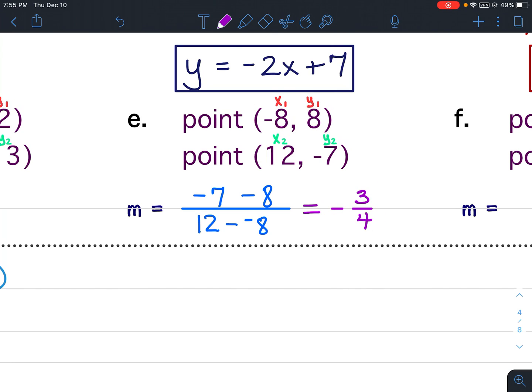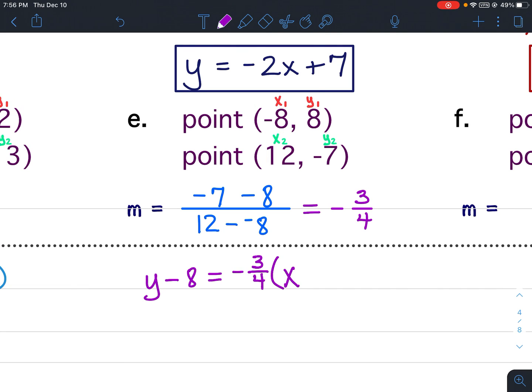So let's start with y and then the opposite of y1. So the opposite of +8 would be -8. Equals the slope. So the slope is -3/4 times x, and then the opposite of x1.